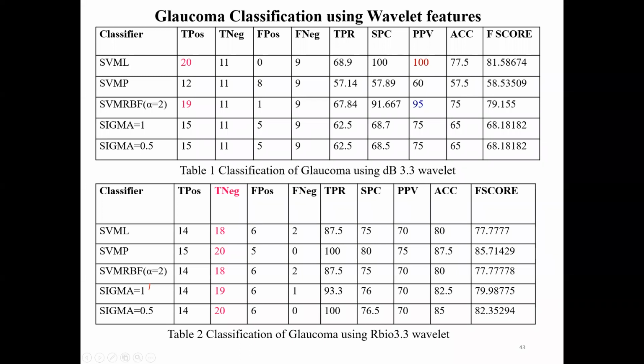Similarly, table 2 shows the various classifiers, and the wavelet is changed here. The difference between table 1 and table 2 is that in table 2 the wavelet that is taken is reverse biorthogonal 3.3.